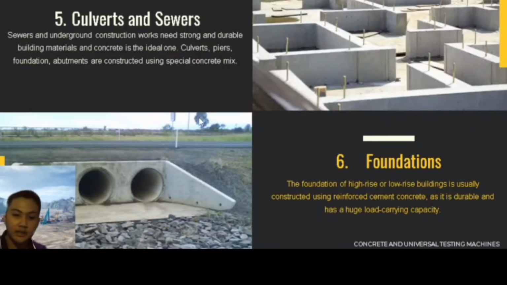Ayan, kung hindi natin alam kung ano yung sewers at culverts, makikita natin sa babang image. Siya yung ginagamit na parang tunnel, which is hindi siya tunnel.